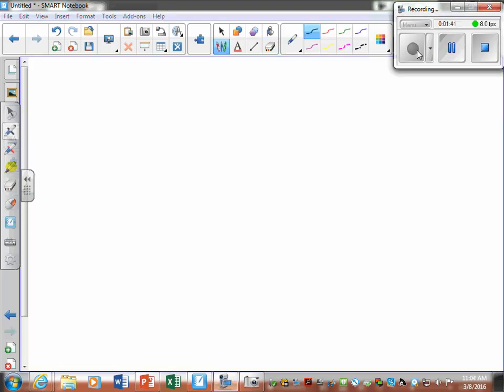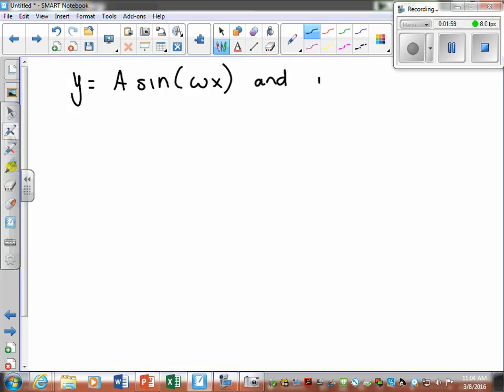Okay, so moving forward, the next thing we're going to look at is define amplitude and period. So I'm just going to say y equals capital A sine omega x and y equals A cosine omega x.